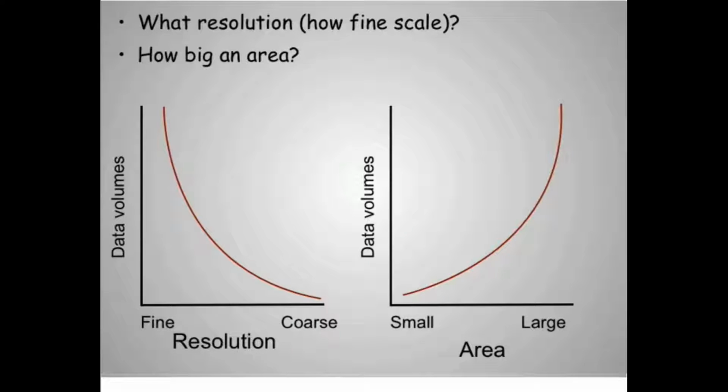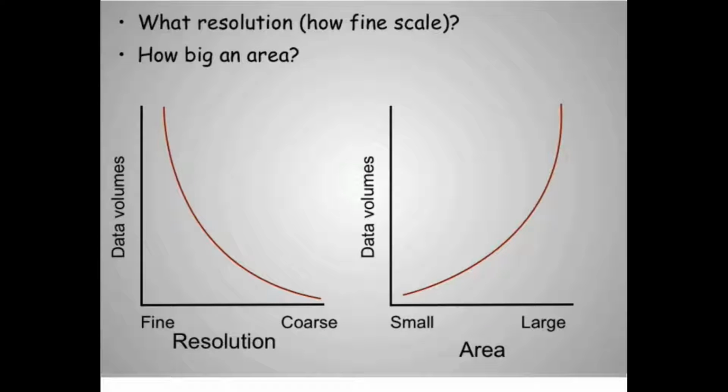So grain size or resolution does play a role in how much data volume we'll have. If we want really fine, detailed data, we're going to have a lot of data. If our data is coarse, we won't have as much data. The answers will come out faster.